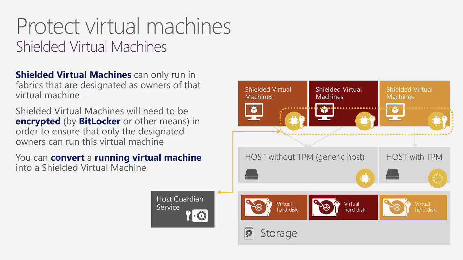Our virtual TPM gives you the best capability to be able to use BitLocker and encrypt your data, to be able to do attestation and ensure that trusted code is running. So you can very easily go and enable a TPM on a virtual machine now and start using those features and functionality. But that is just the first step of the Shielded Virtual Machine story.